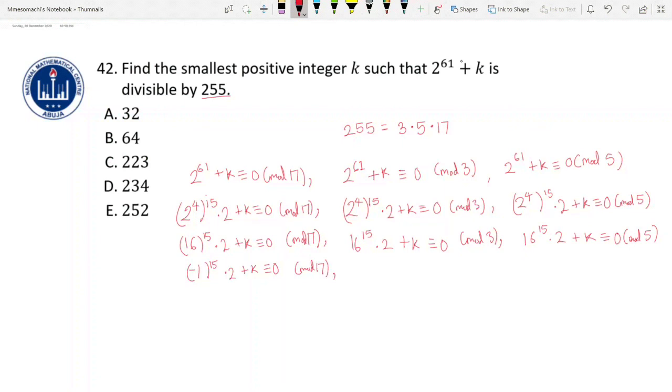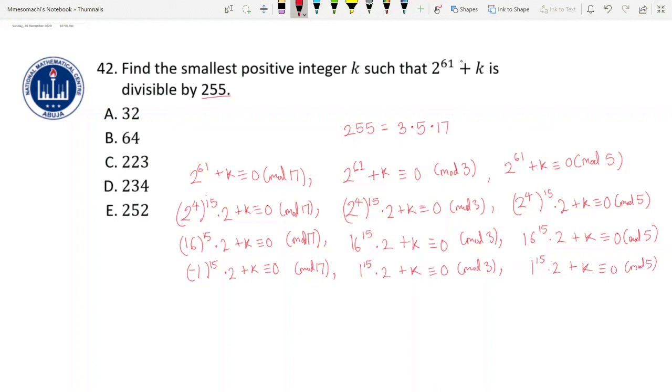16 is congruent to 1 mod 3, so this is 1 to the power of 15 times 2 plus k congruent to 0 mod 3. 16 here is congruent to 1 mod 5, that's when you remove 15 from 16. So this is 1 raised to the power 15 times 2 plus k congruent to 0 mod 5.